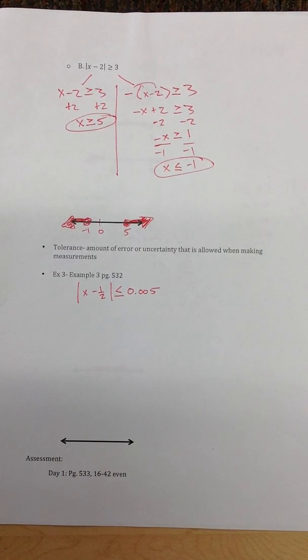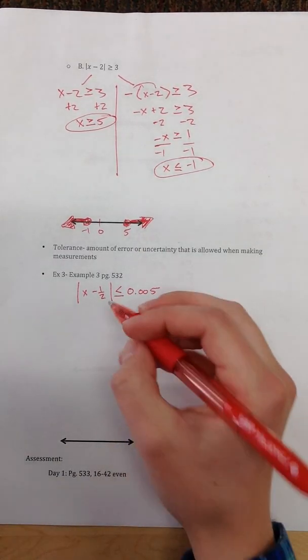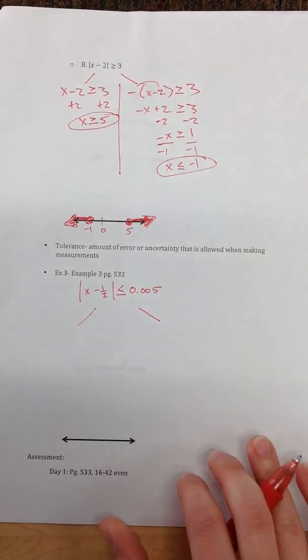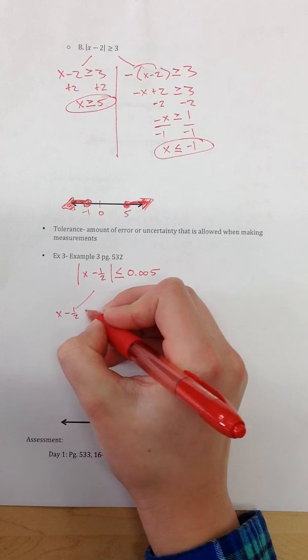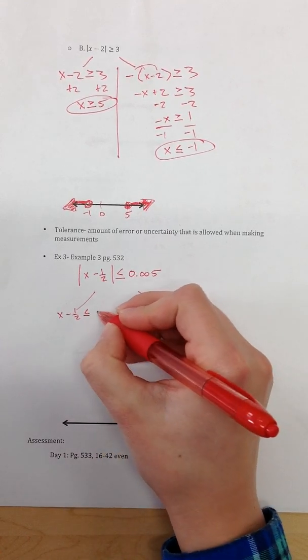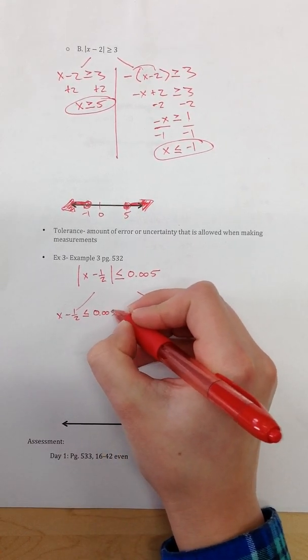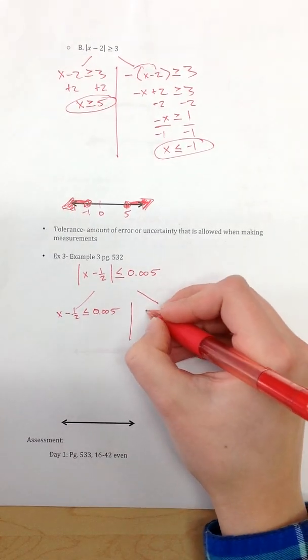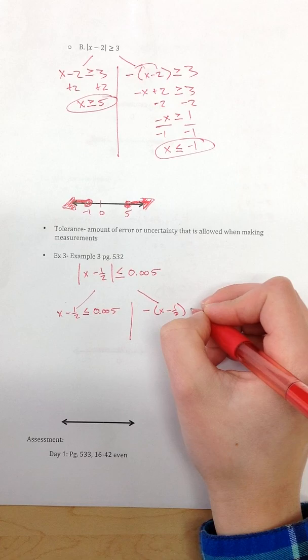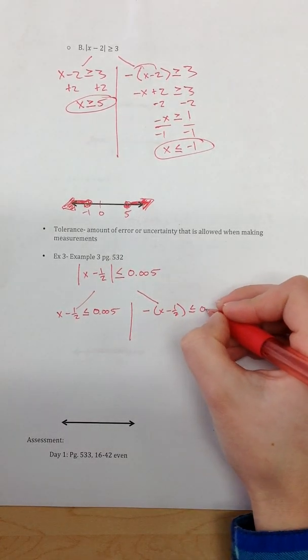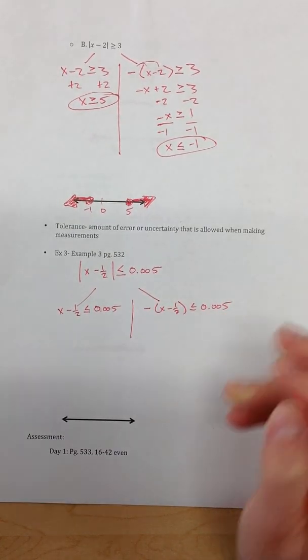Okay, so then we can break it into our two parts. We would have x minus a half is less than or equal to 0.005, and our other one would be negative x minus a half is less than or equal to 0.005.